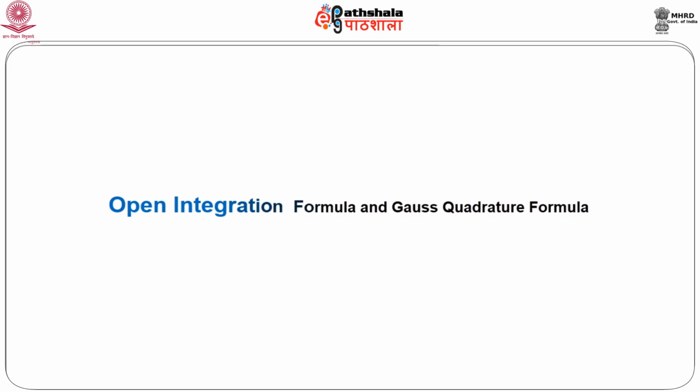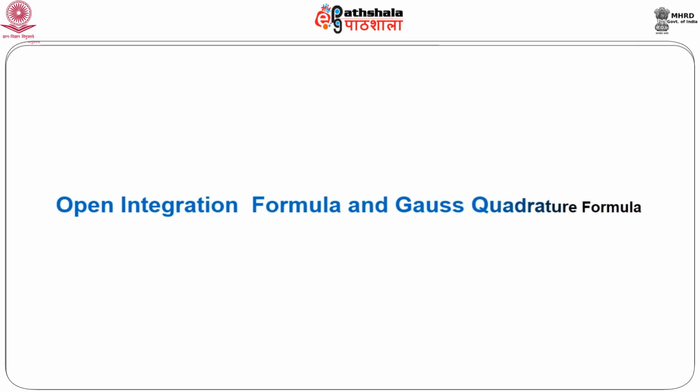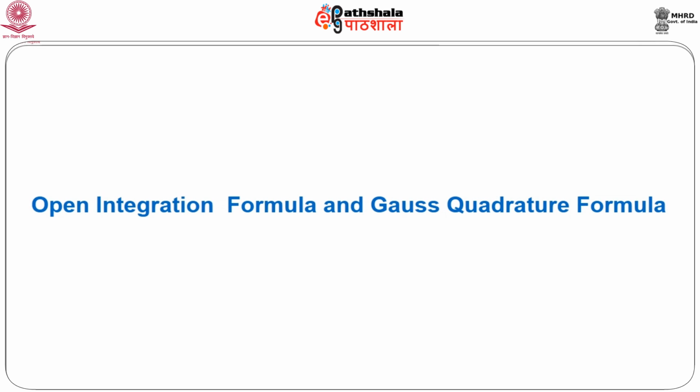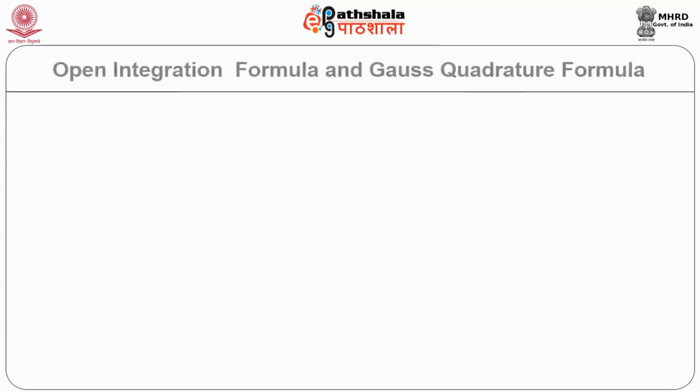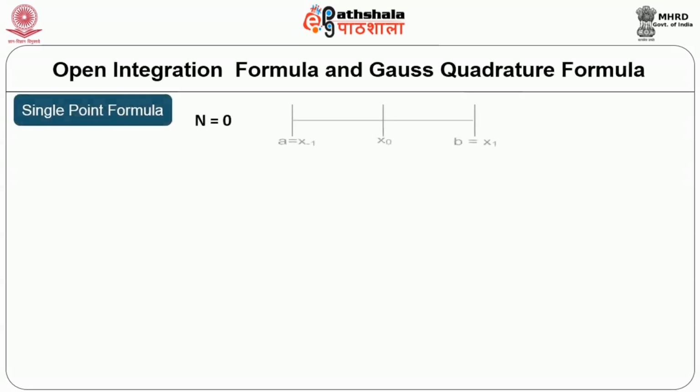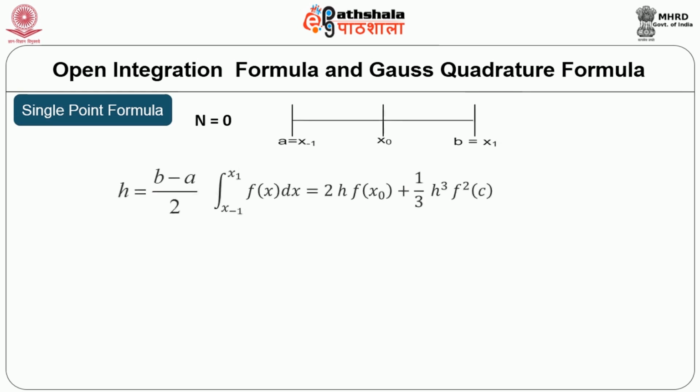First, let us begin with the simplest case, and that is n equal to 0. So, only one point x0, the interval is a to b, x0 is the midpoint, a is x minus 1, b is our x1, and h I can say is b minus a upon 2. And here the integral from x minus 1 to x1 of f(x) dx is 2h into f(x0) plus 1 by 3 h cube times the second derivative at the point c.